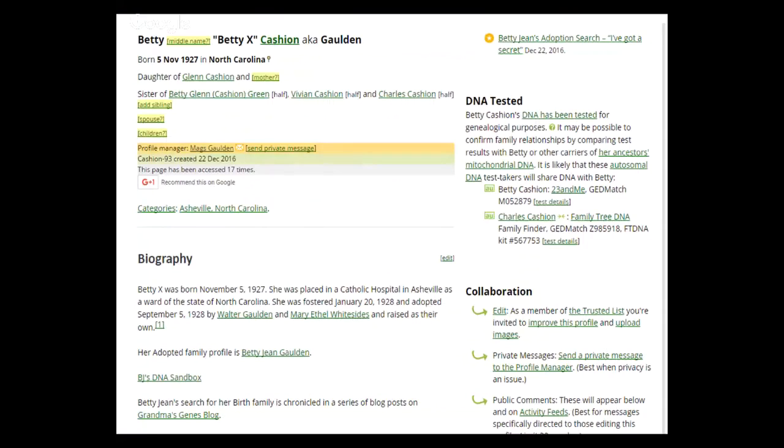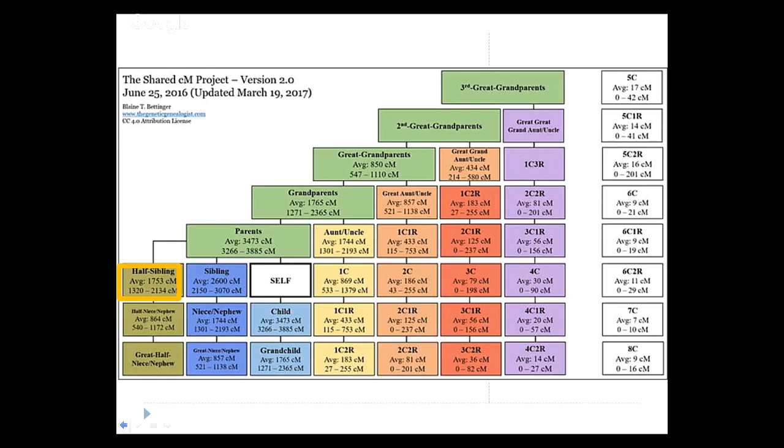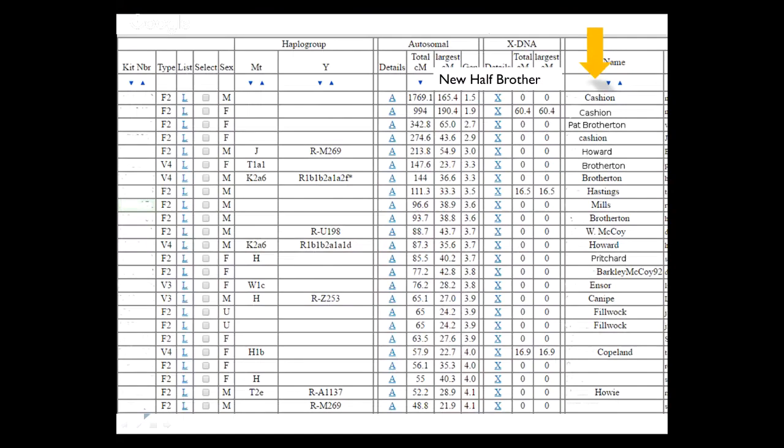So we finished out by doing this tree. I want to go back, though, real quickly and show you some of the numbers. Like the number that we had for the cousin, Pat Brotherton, 342.8. That's a really high cousin match for the level of cousin that Pat is.